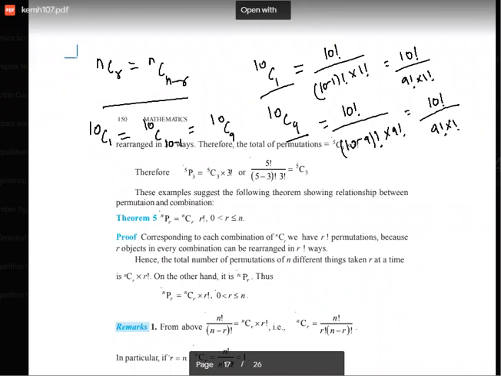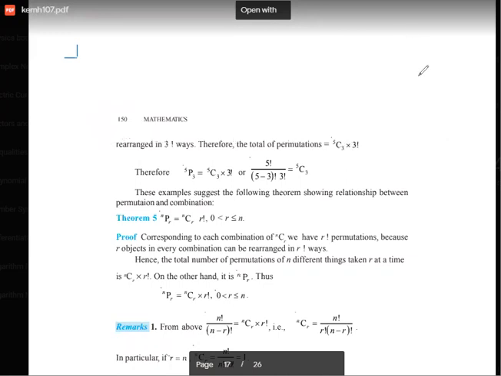So this is the first property of combination, that NCR is equal to NC N minus R. Everyone is getting this concept? If you're getting this concept, just raise your hand. Okay, very good, everyone.